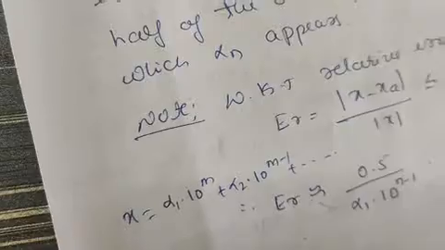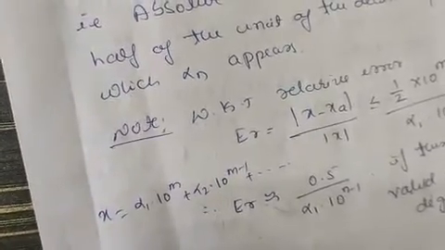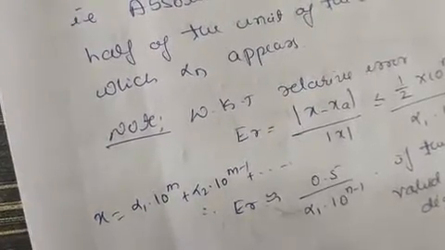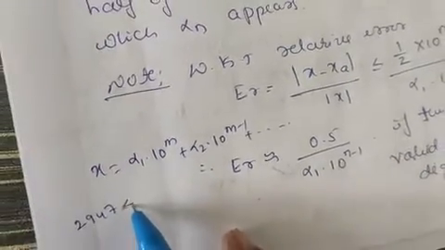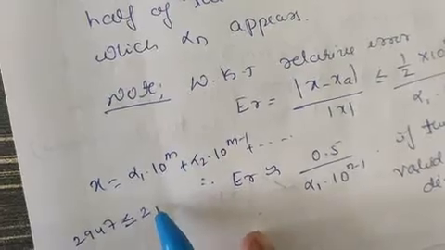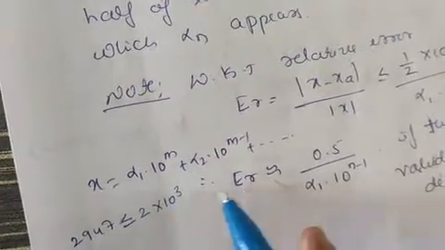Suppose, for example, you take 2947. 2947 is less than or equal to 2000, that is 2 into 10 raised to 3.